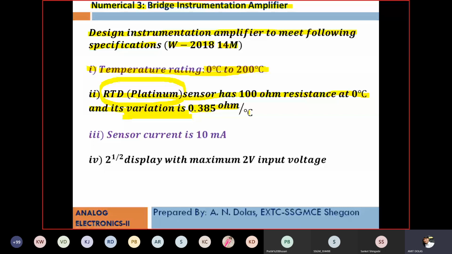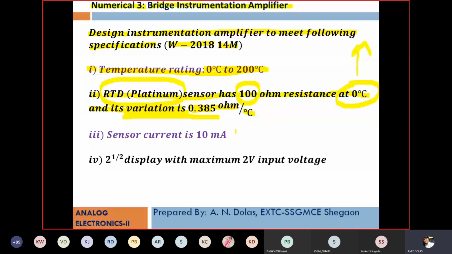It means if the temperature changes from 0 degree centigrade to 1 degree centigrade, the resistance of the RTD will be initially 100 plus 0.385 ohm, that is, 100.385 ohm.